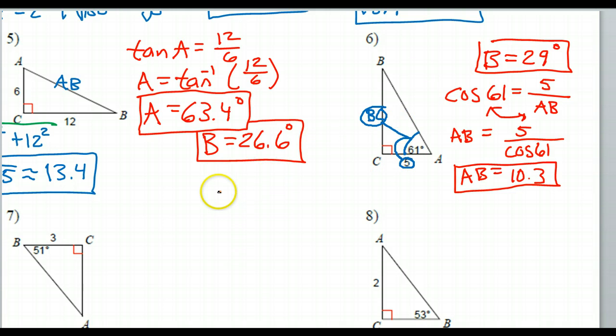So I'm running out of space here. I'll just do it over here. So this is going to be tangent 61 is equal to opposite over adjacent. So BC over 5. Since the unknown is in the numerator, I can just multiply. So I'll just multiply by 5 on both sides.